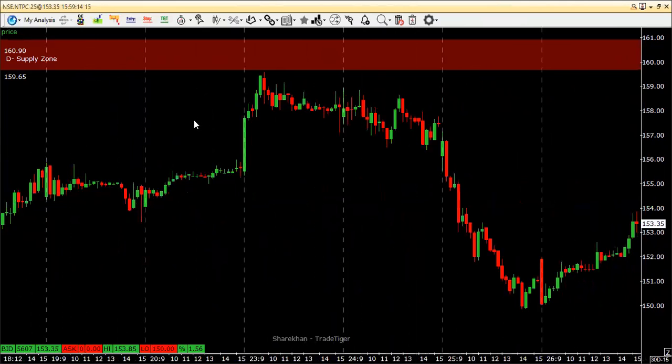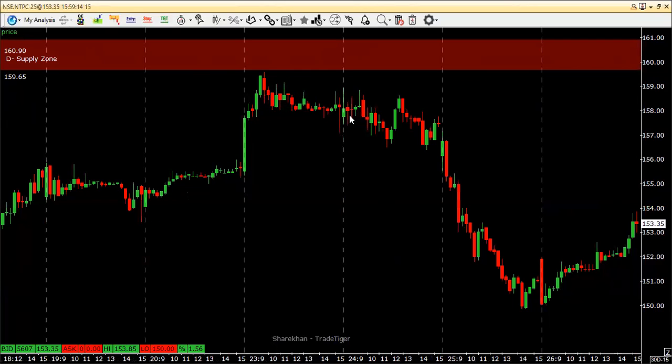If you can see, the market really went up very quickly and gave me the fill right here. It just gave a touch to my high within a second, and then we tanked more than a rupee just in the very next candle. And that's where I trailed my stop to the entry price.